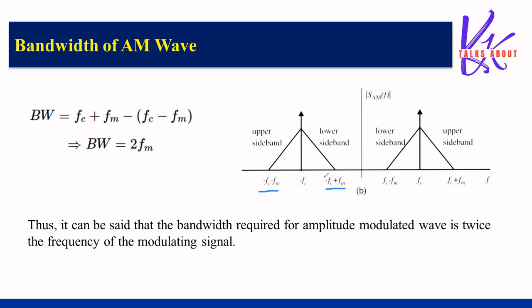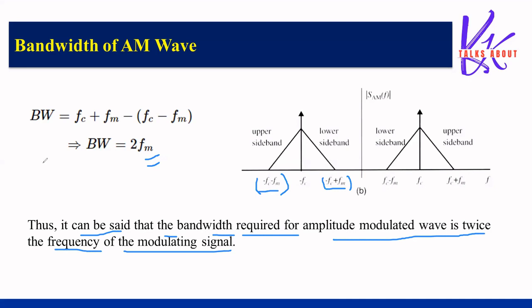So when I calculate the maximum frequency minus the minimum frequency, we'll get the bandwidth as 2FM. So thus, it can be said that the bandwidth requirement of the amplitude modulated wave is twice the frequency of the modulating signal, or else we call it twice the frequency of your message signal or baseband signal.